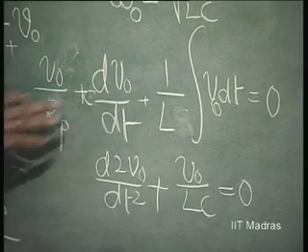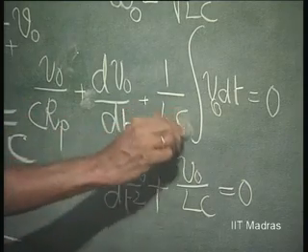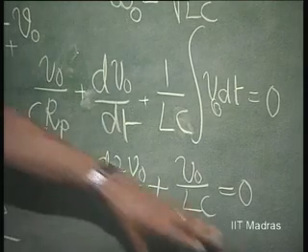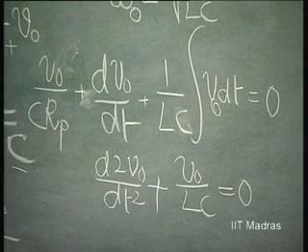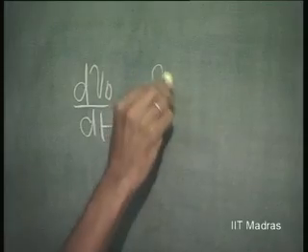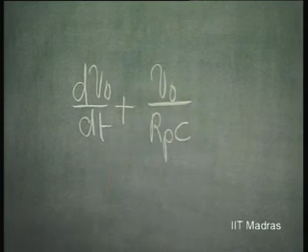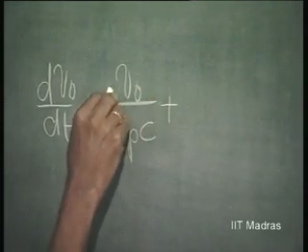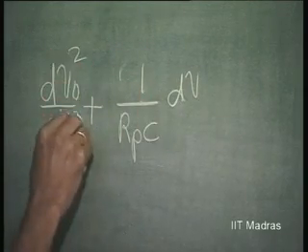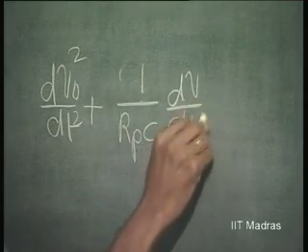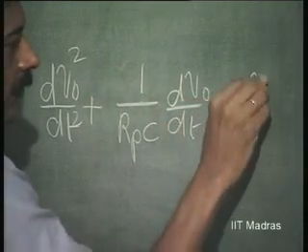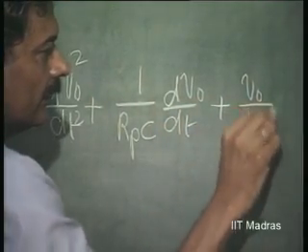Now, dividing throughout by C, and differentiating, this gets modified as d squared V naught by dt squared plus V naught by RpC dV naught by dt plus V naught by LC equals 0.